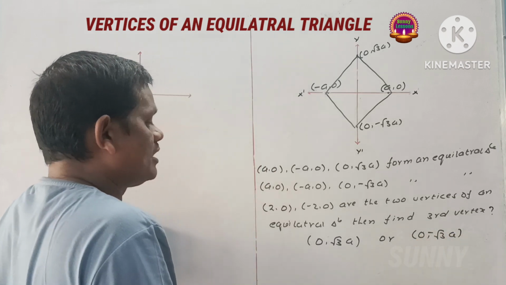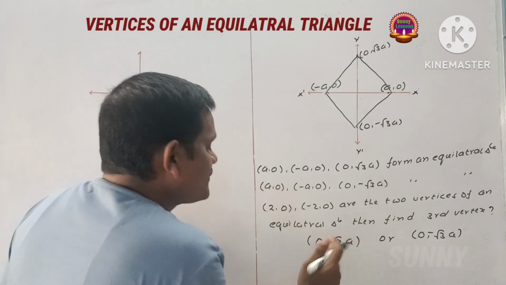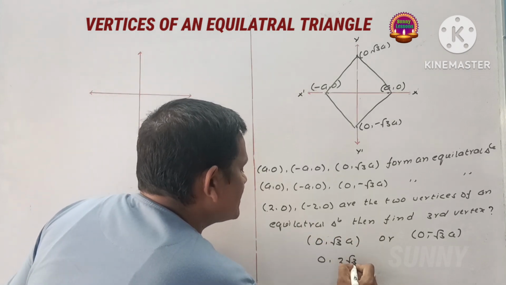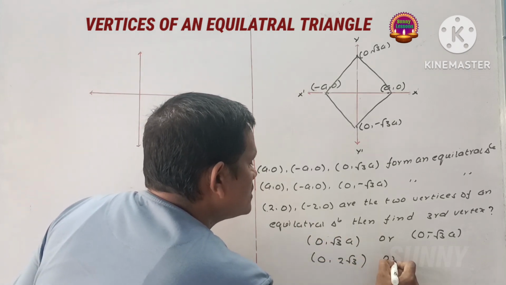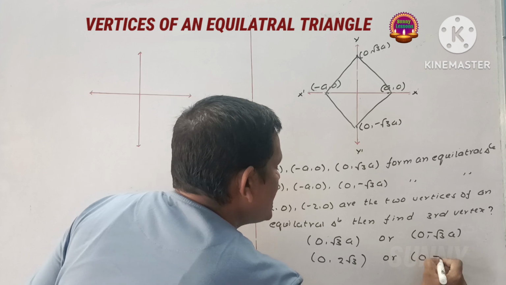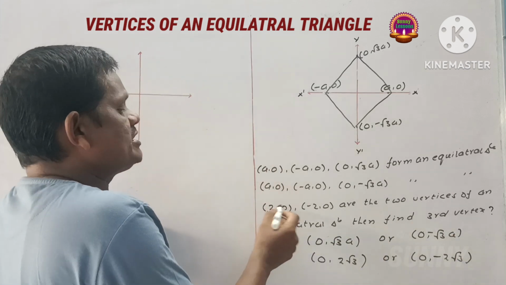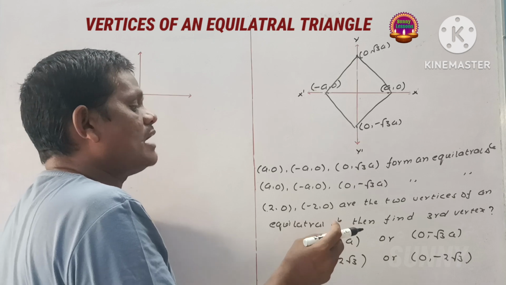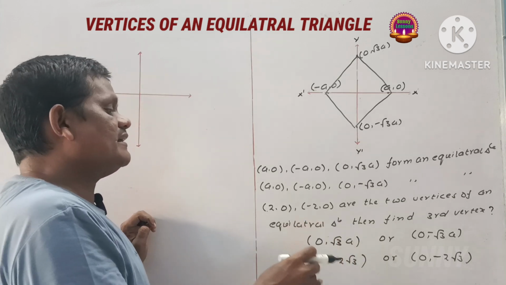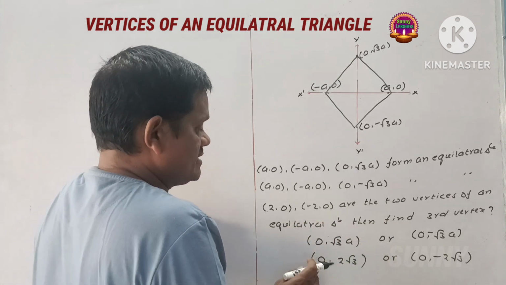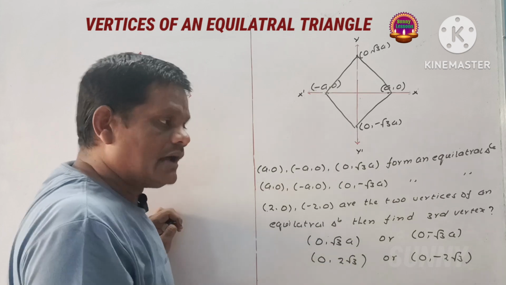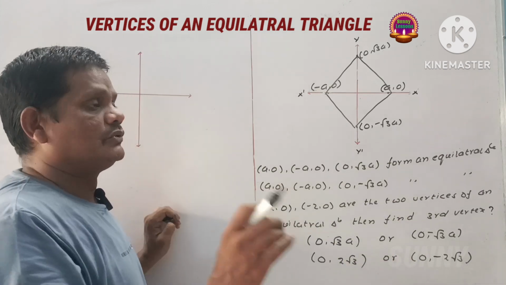We have to substitute 2 instead of a. So (0, 2 root 3) or (0, -2 root 3) is the third vertex.